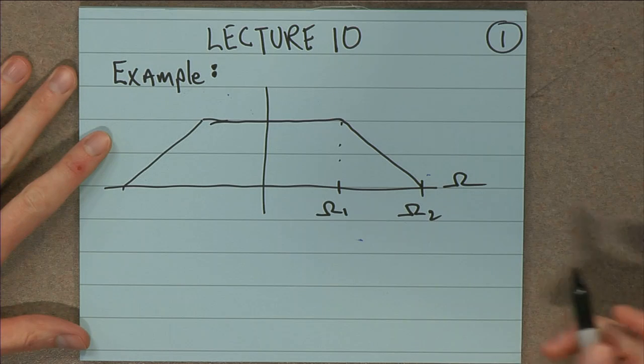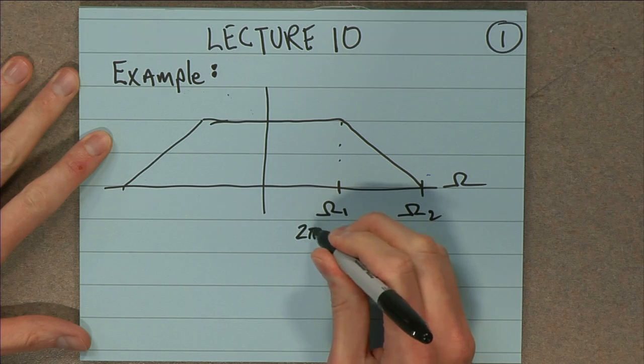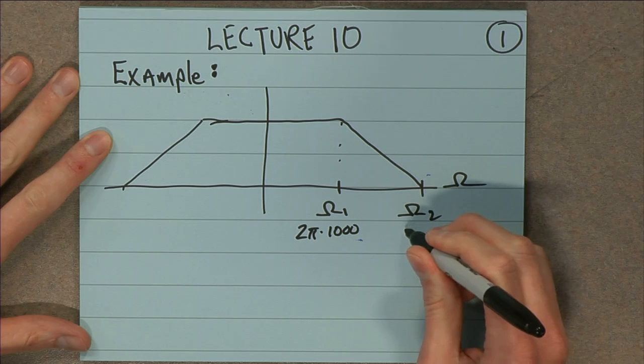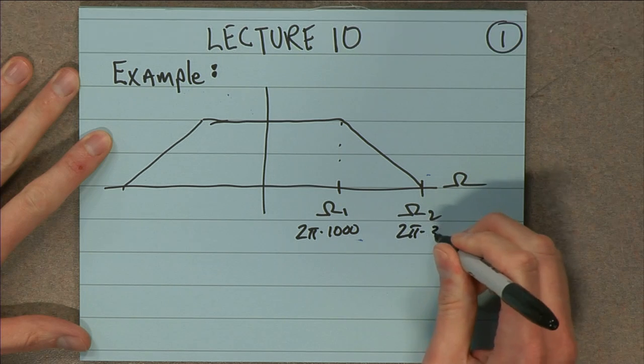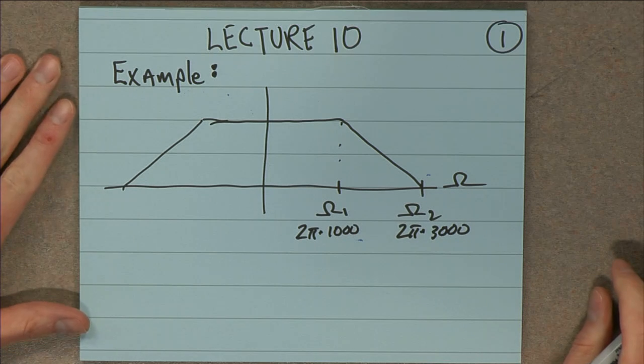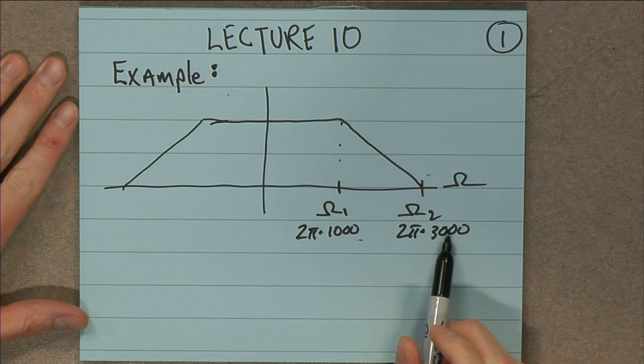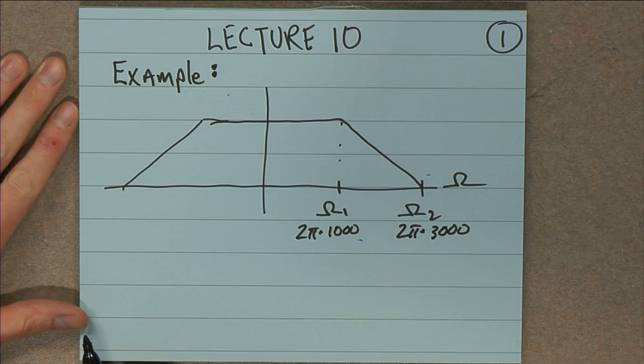Omega 1 was 2 pi 1000 for this case, and omega 2 was 2 pi times 3000. I'm writing it that way so we can, at a glance, go back and forth between hertz and radians per second. So 3000 hertz, 1000 hertz.